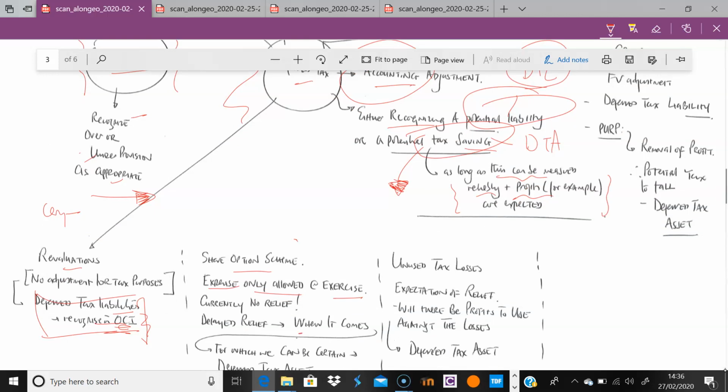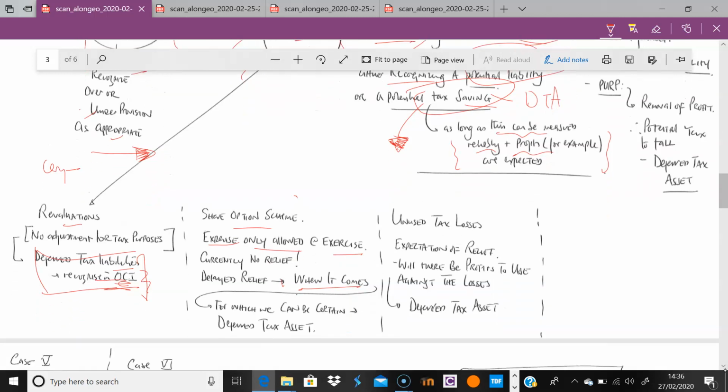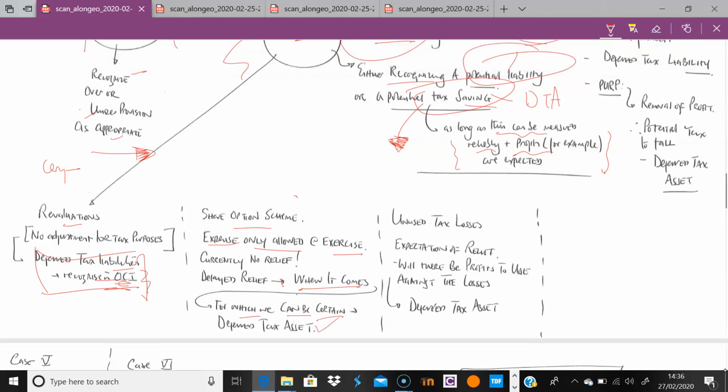We know it will come because it's HMRC we're dealing with, so we can be certain, and we can recognize a deferred tax asset to do with that expense that has gone through our income statement but is not allowed through our tax computation. So in effect, we're paying more tax than we should at the moment. It's also meant for smoothing out the tax charges as well.